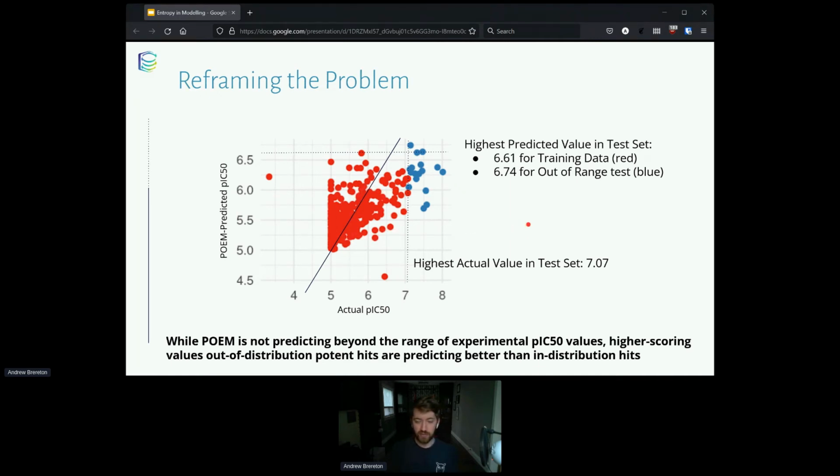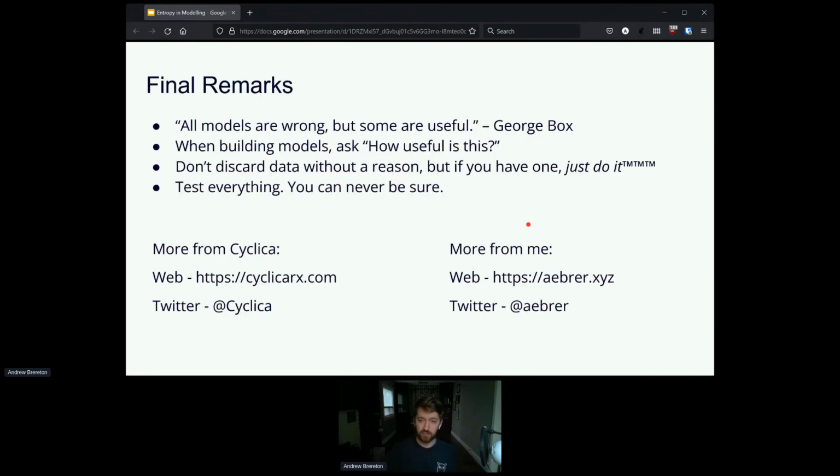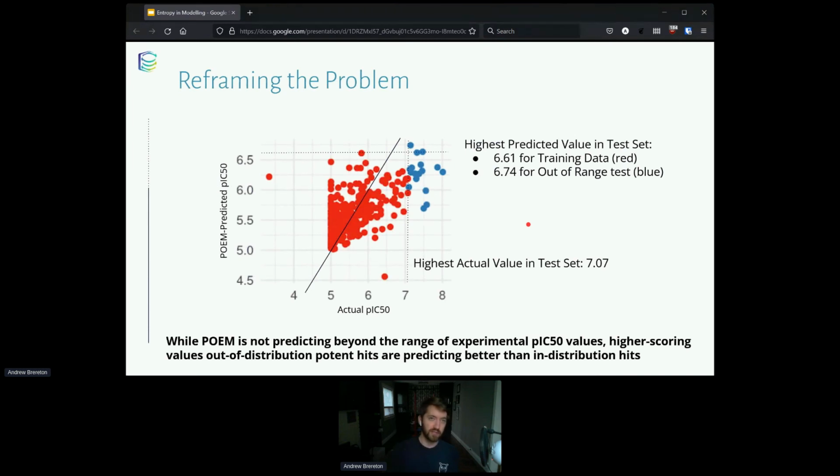So now we can reframe the problem so that instead of asking what is the pIC50 of this molecule using our model, we can simply get the pIC50s, use that to rank all the molecules that we're predicting, and then we throw out the pIC50s because we know that they're not accurate, so we just don't use them.